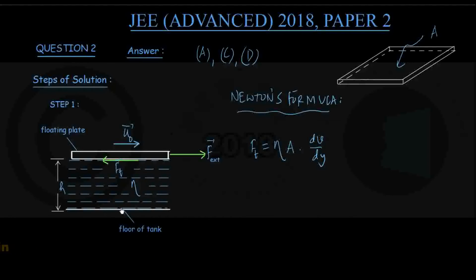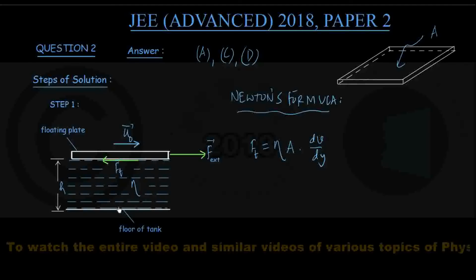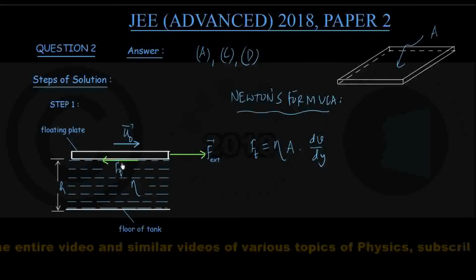The liquid layer in contact with the floor is at rest because the floor is at rest. On the other hand, liquid layer in contact with this moving plate has a velocity of u0 only. So the speed of these liquid layers is continually changing from 0 at the bottom to u0 at the top just in contact with the plate.